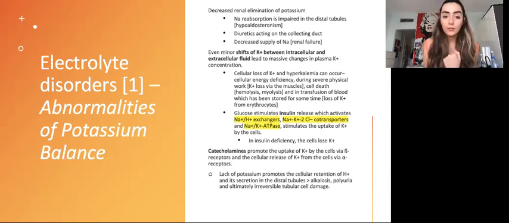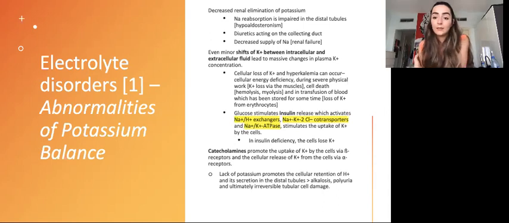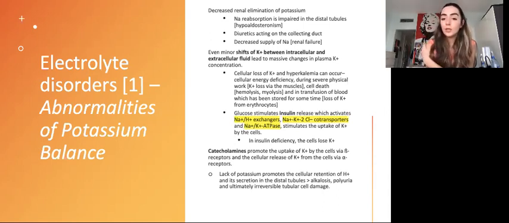Even minor shifts of potassium between intra and extracellular fluid can lead to massive changes in the plasma potassium concentration, because the potassium content in the cell is more than 30 times that in the extracellular space.